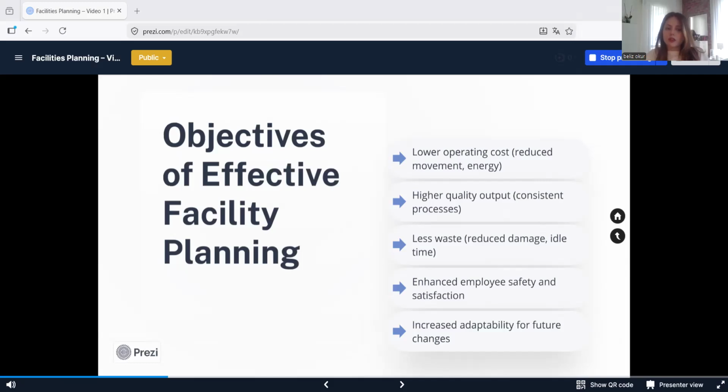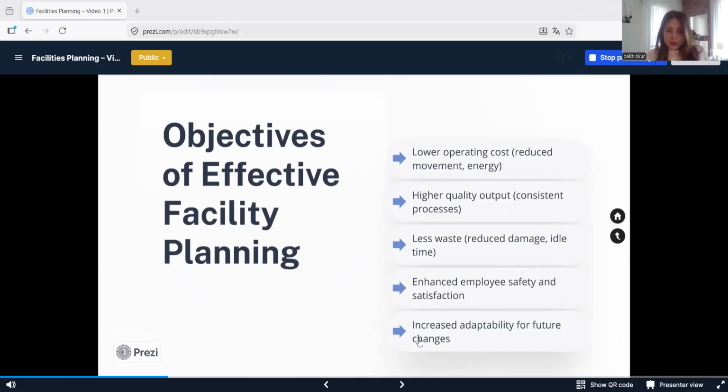Less waste, that means reducing damaged goods and eliminating idle time where workers are just waiting around. Enhance employee safety and satisfaction. A well-planned facility is a safe facility. And finally, increase adaptability. The market changes fast, and our facility needs to be flexible enough to handle future changes.